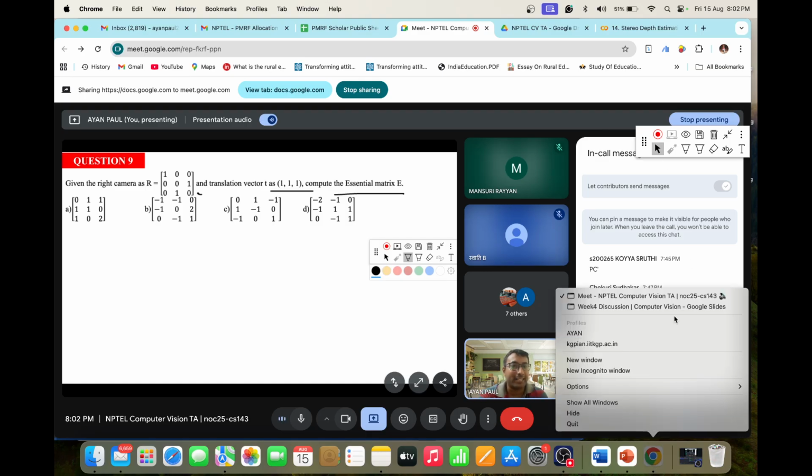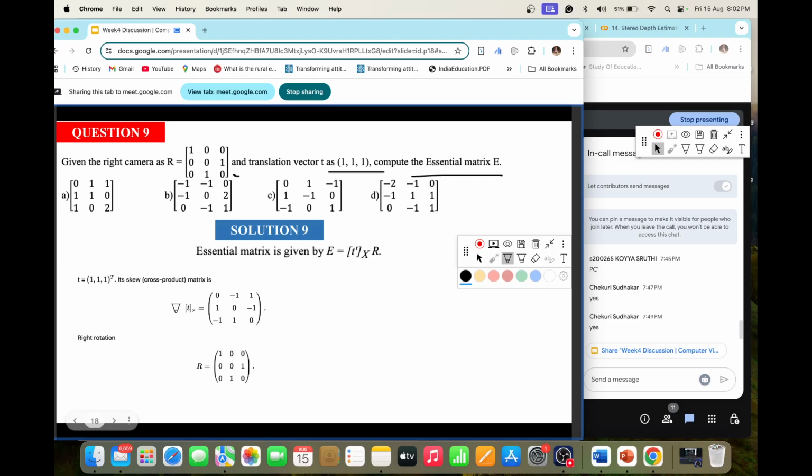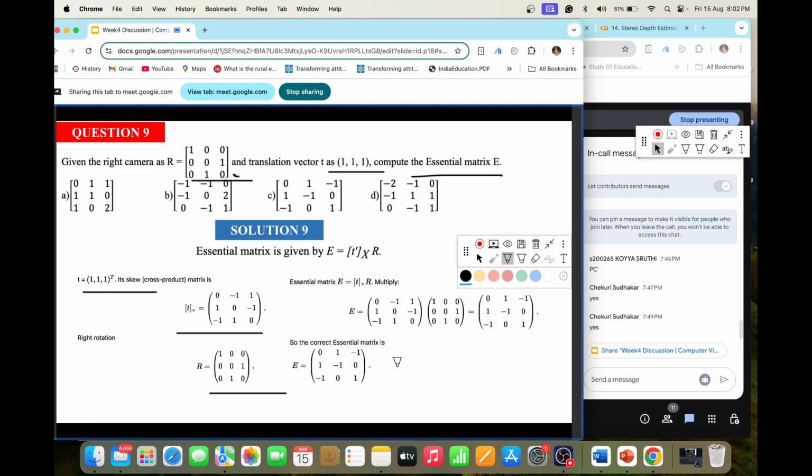So very easy. T is given, so we can convert it into Tx. And R is also given. You just multiply Tx into R, and you will get your essential matrix: 0 1 minus 1, 0 1 minus 1, 1 minus 1 0, minus 1 0 1. Option C is your correct answer.